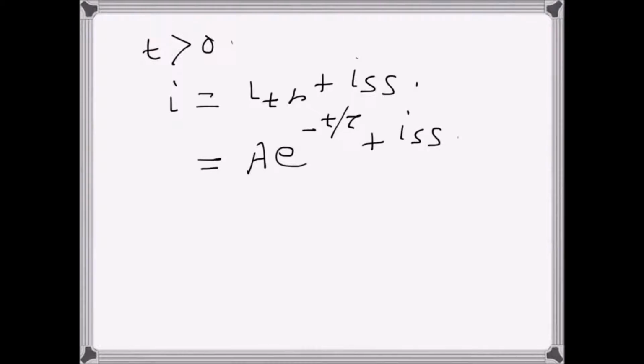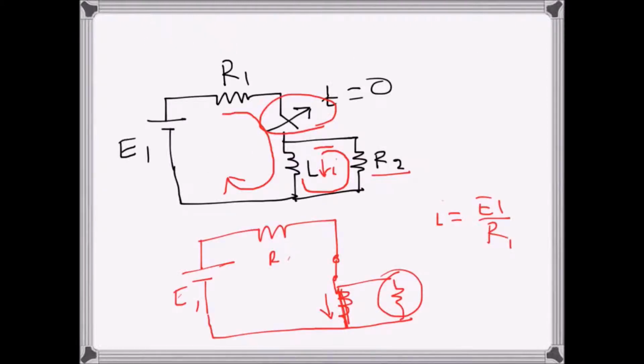So the tau here, the time constant, since the inductive current will decay through this resistance, will be L over R2. That will be the time constant.